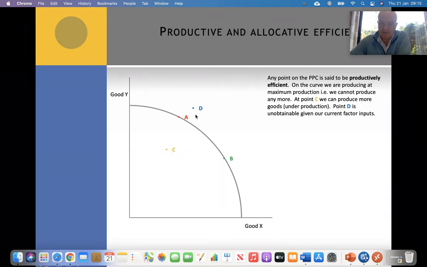Okay, if we take the point at D, with the current factors of production that we've got available, that is an unattainable point. We're not able to achieve that because clearly, in this case, we haven't got the resources to be able to perform at that level. Now, clearly, if we actually improve the level of supply and the productive capacity of our economy, then we should be able to in the future produce at D, but at the current point we're not able to do that.